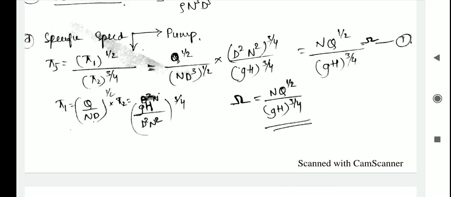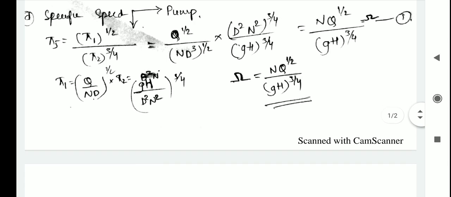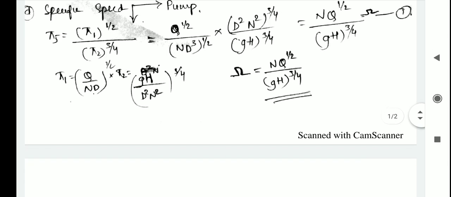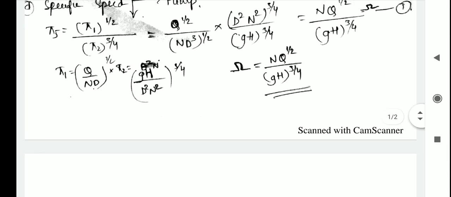Specific speed of a pump. The equation of the specific speed of the pump can be obtained by manipulating the flow coefficient and the head coefficient so as to cancel the linear dimension of a rotor or impeller.